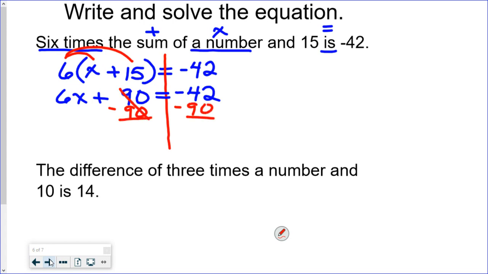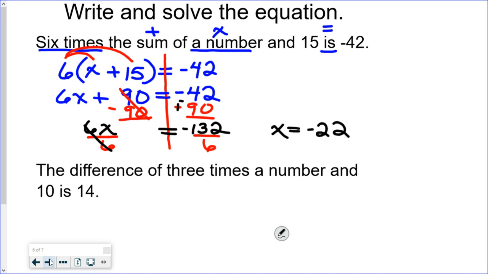You either need to change that. So we have 6X equals negative 42 minus 90, or plus a negative 90, gives me negative 132. Divide by 6. Divide by 6, and I get X equals negative 22. That was a doozy one. I will admit that. That was a doozy.